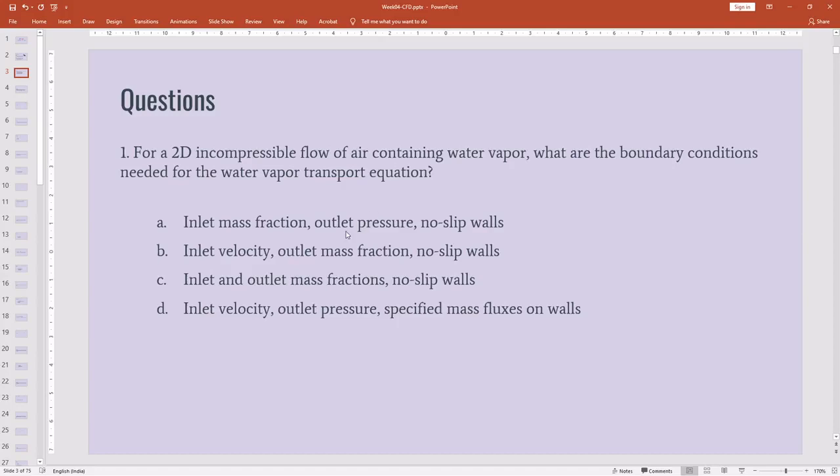First option is mass fraction at the inlet, pressure at the outlet and no slip at the walls. Then velocity at the inlet, mass fraction at the outlet and no slip at the walls. Or mass fraction at inlet and outlet and no slip at the walls. Or velocity at the inlet, pressure at the outlet and specified mass fluxes on the wall. So please inbox your answers.